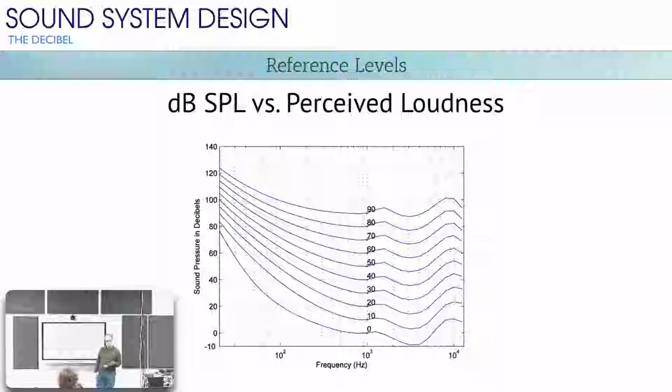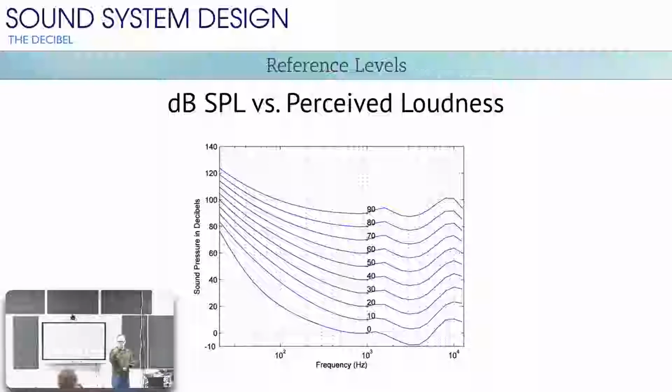The reason is that those are the frequencies that contribute most to speech intelligibility. Our hearing systems are naturally predisposed to that, because the primary function of our ears is to allow us to communicate with one another, right?